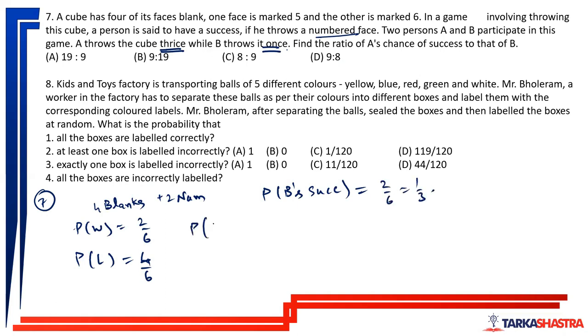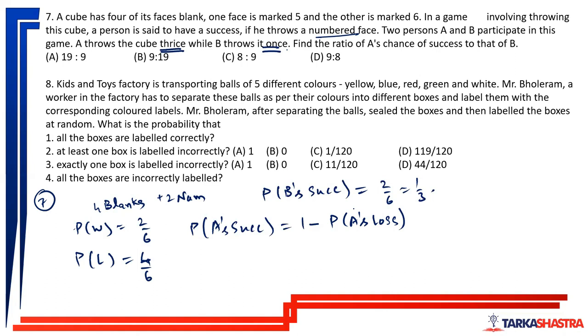Now probability of A's success is 1 minus probability of A's loss. Now why am I doing this? A can be successful in all three throws, or in two of the throws, or in any one of the throws. We would have to calculate everything.